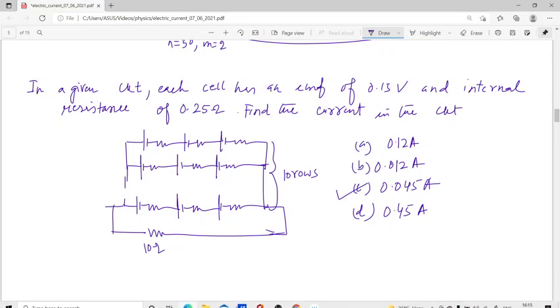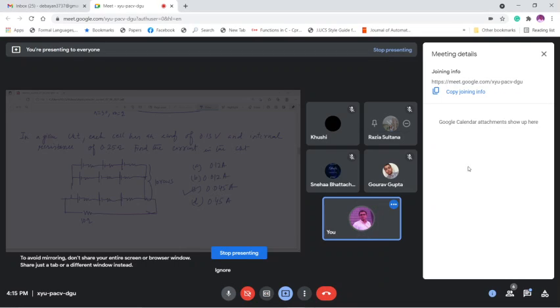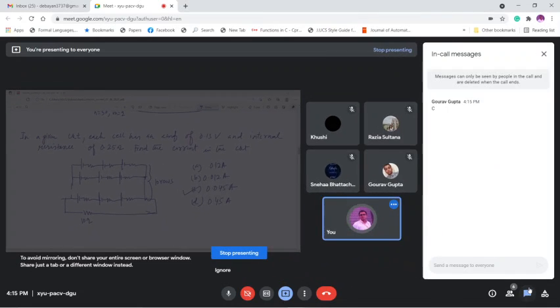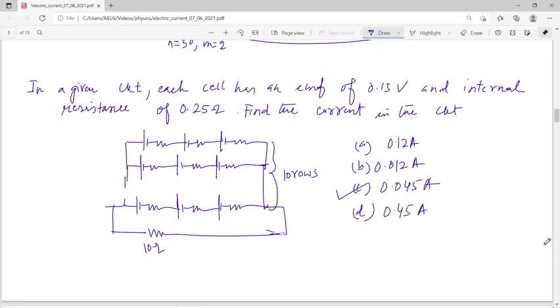So you just put it into the formula and you will get the answer.